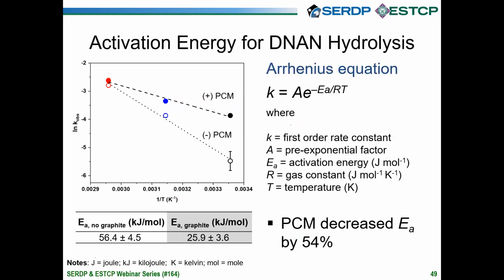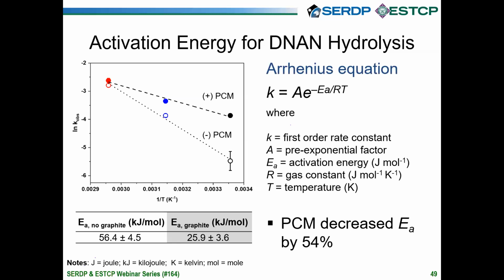So how did PCM promote DNAN hydrolysis? To answer this question, we performed kinetic experiments at 3 different temperatures to obtain the activation energy for DNAN hydrolysis with or without PCM. The solid circles here are DNAN decay with PCM, whereas the empty circles are DNAN decay without PCM.